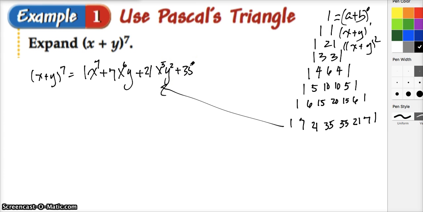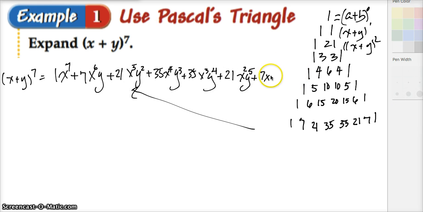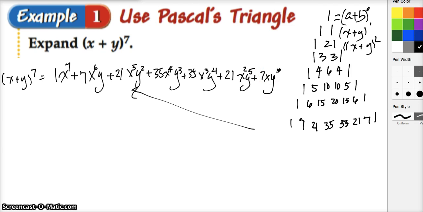Plus 35x^4 y^3 plus 35 again, x^3 y^4, plus, I'm getting there, guys, 21x^2 y^5, plus 7x^1 y^6, and finally plus 1y^7.